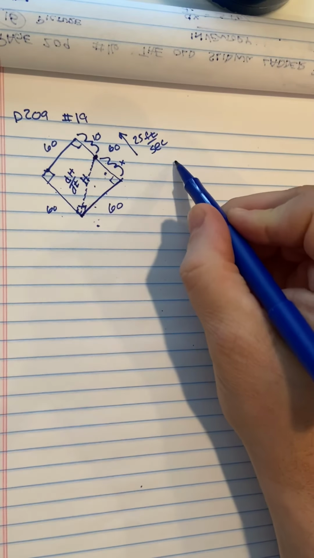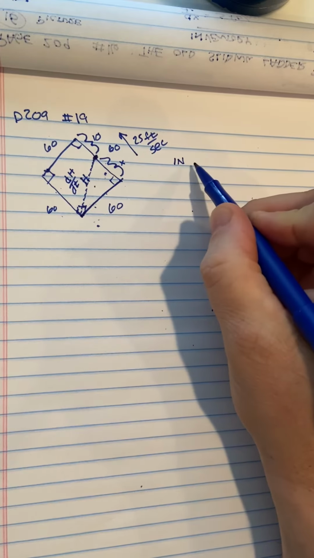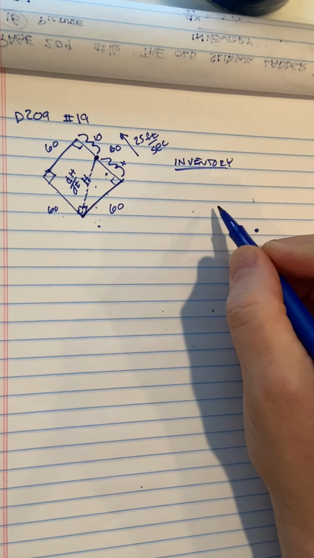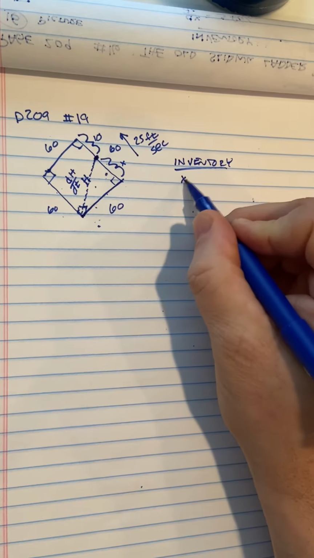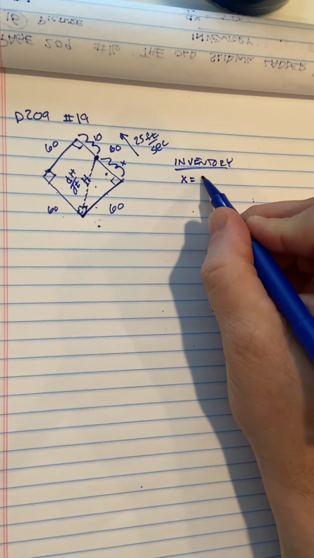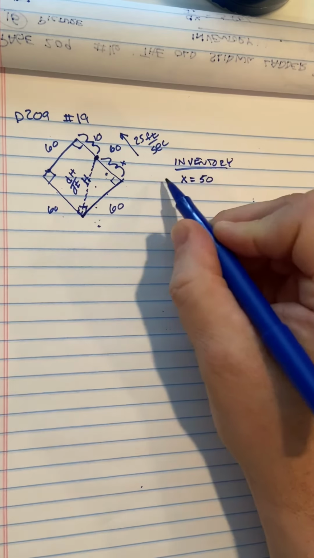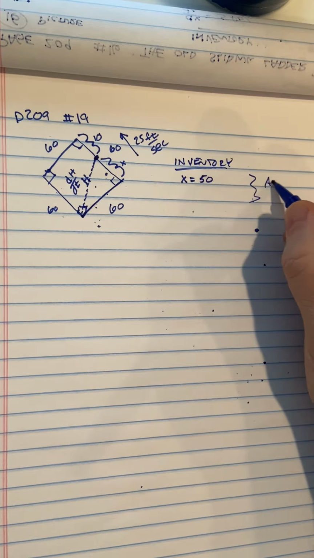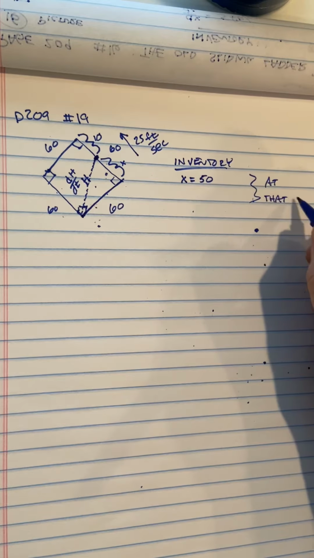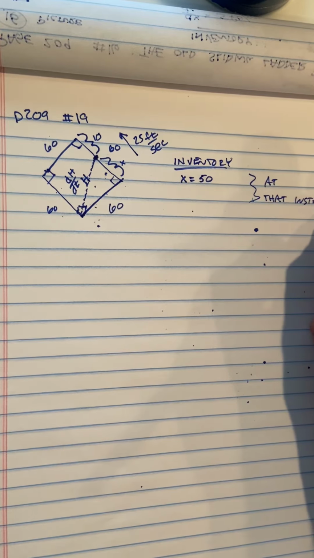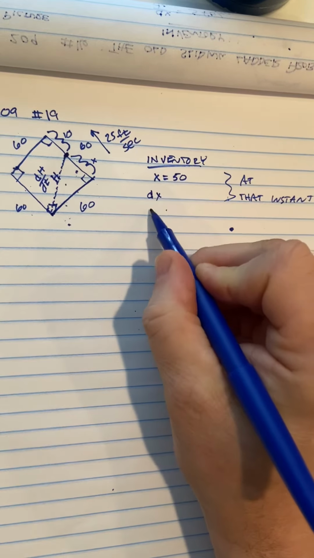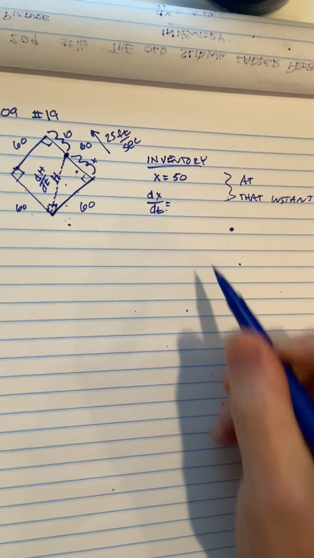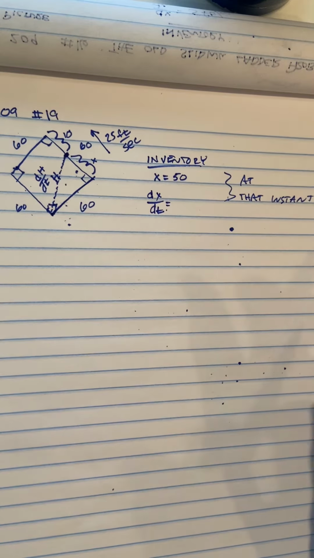Let's take inventory of all the variables that we have and all the variables that we're looking for. We have x. At that particular instant, x is going to be 50. dx dt, we've got that one too.